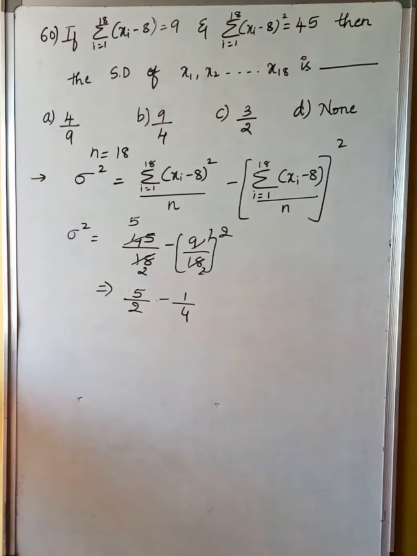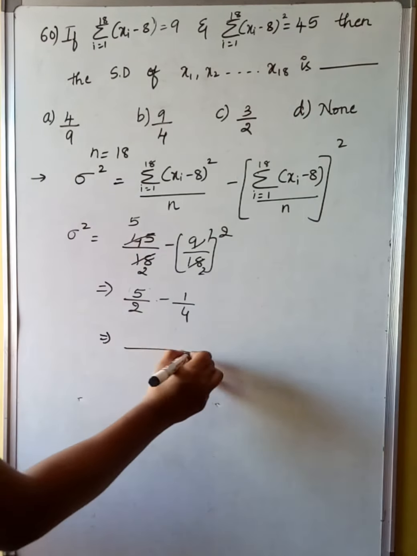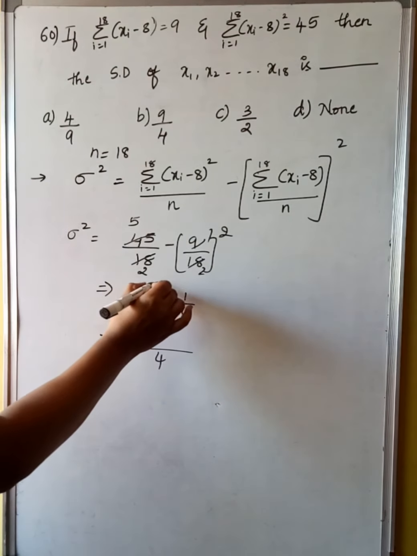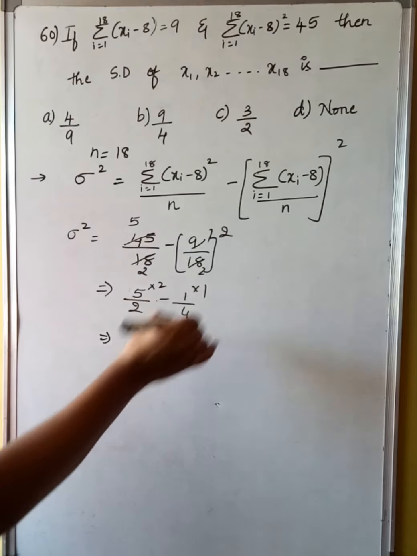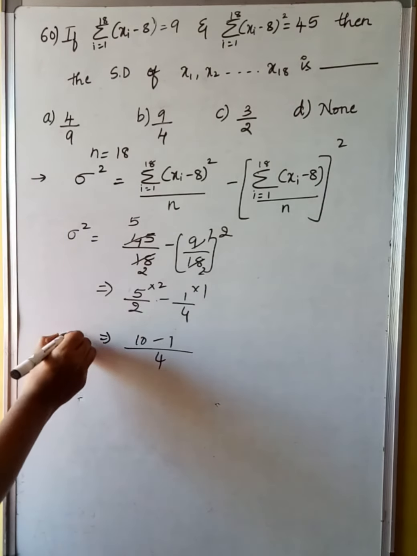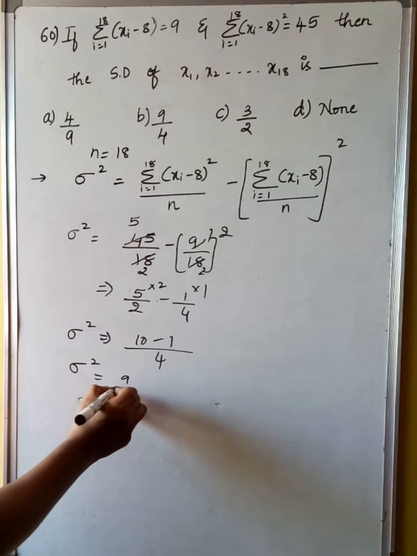Now simplification will become easy for you all. If I take the LCM, the LCM is 4. 2 twos are 4, 4 ones are 4, 5 twos are 10, minus 1 one is 1. So sigma square is equal to 10 minus 1, which is 9 by 4.